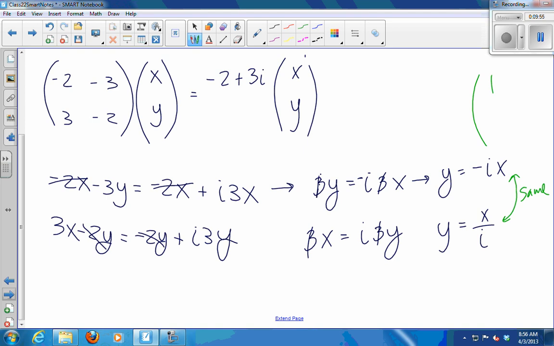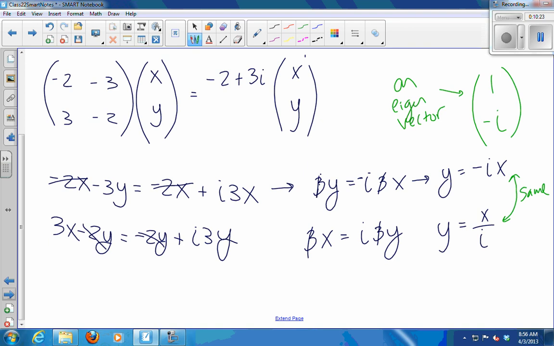Negative i. So here's an eigenvector. I was looking at the bottom, what if you multiply both sides by i, then you got iy equals x. Yeah, so 1, i is also on there. Oh, okay. So that would be another eigenvector.